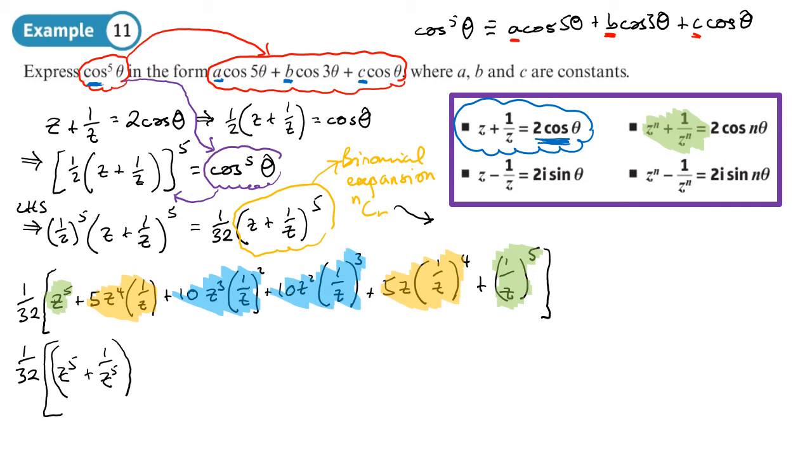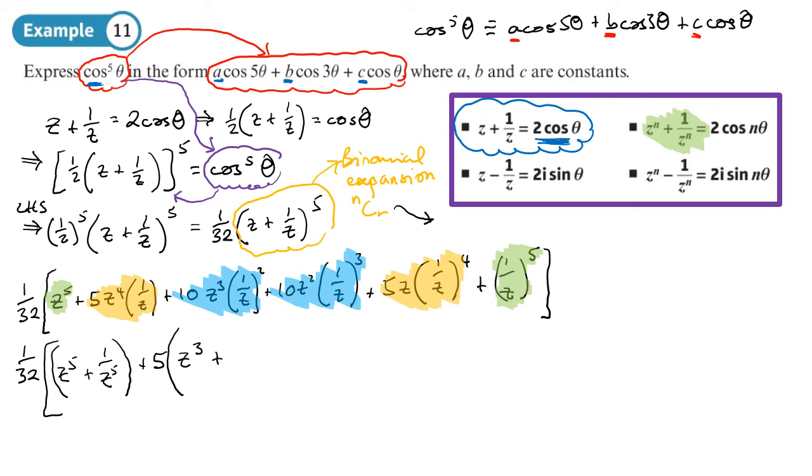Okay. The next pair, I'm going to have 5 lots of, now the one in orange here, that will cancel down to be z cubed. And then over here, this will cancel down to be 1 over z cubed if you cancel that.